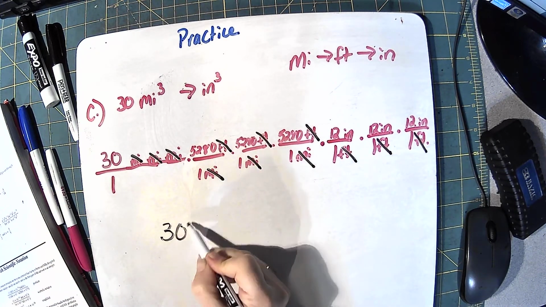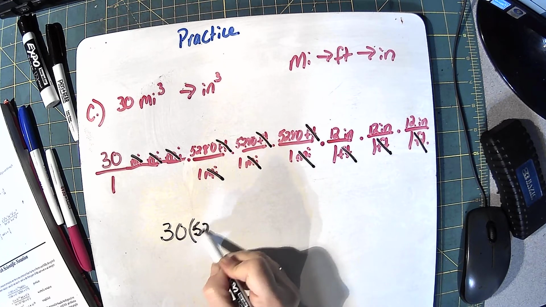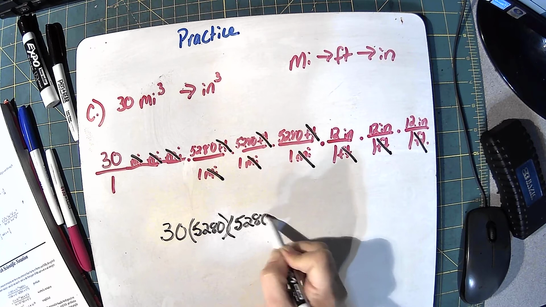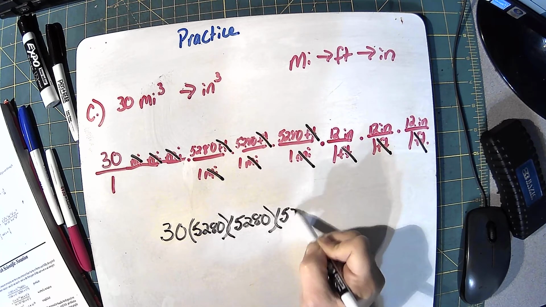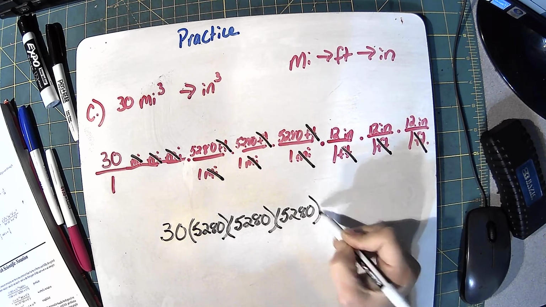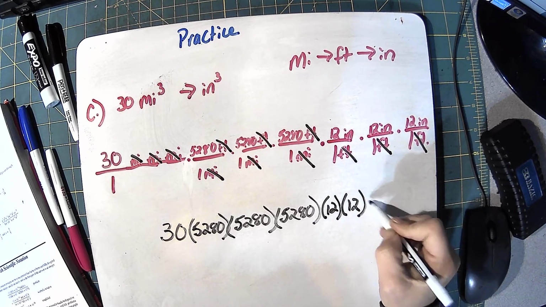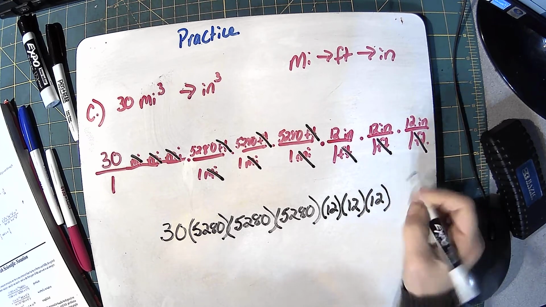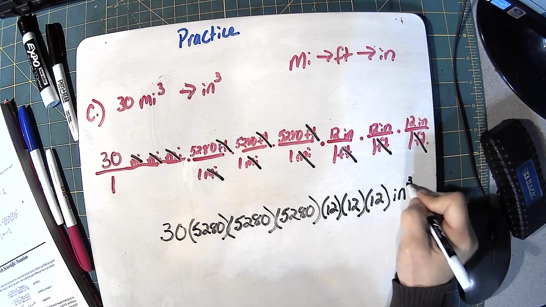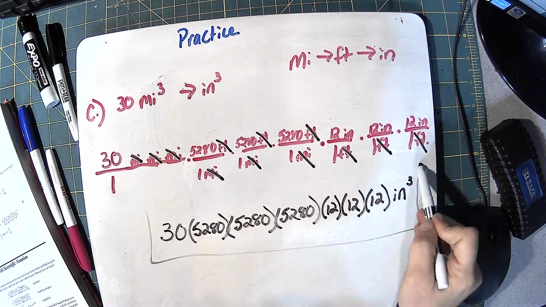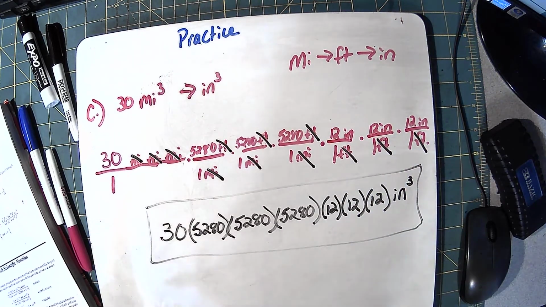So 30 times 5,280 times 5,280 times 5,280 times 12 times 12 again times 12 one more time, and then I'm going to have inches cubed. So that should be your answer for C right there. Alright, that is it for lesson 41.